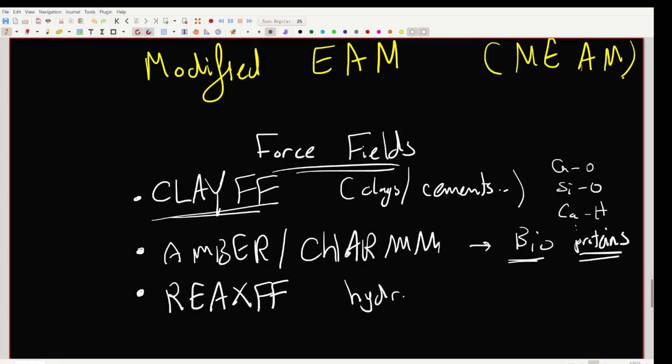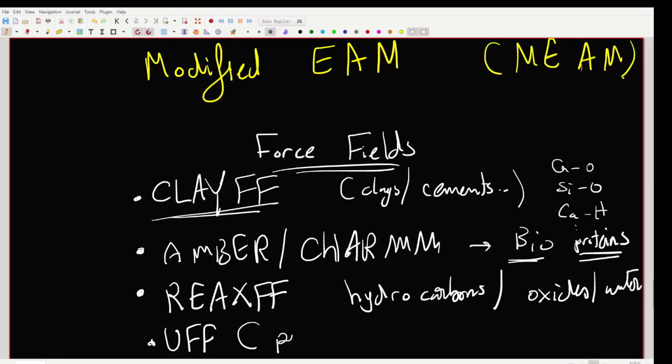Originally developed for hydrocarbons, but it is also suitable now for oxides, for water, and many other families of materials as well. There is the universal force field. This is supposed to represent the periodic table, tentatively, I would say. Of course, the broader the scope of the force field, usually the less accurate it is, right? If you have some force field focused on a family of materials, then usually it's better.